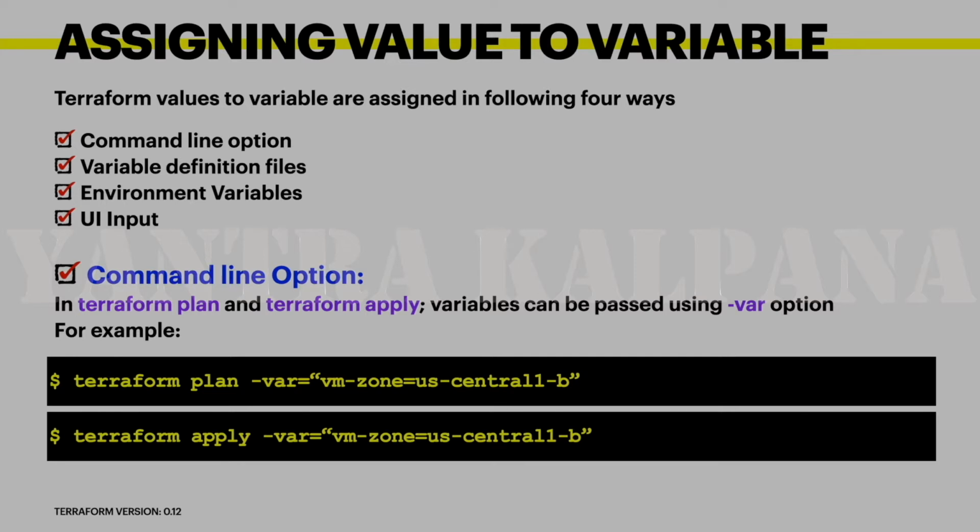Whenever you run terraform plan and terraform apply, you can supply the value of the variable with a parameter called -var. So in this example, terraform plan -var vm_zone=us-central1-b. So here, if vm_zone has been used inside the configuration file, it will be replaced with us-central1-b. Same way with terraform apply.